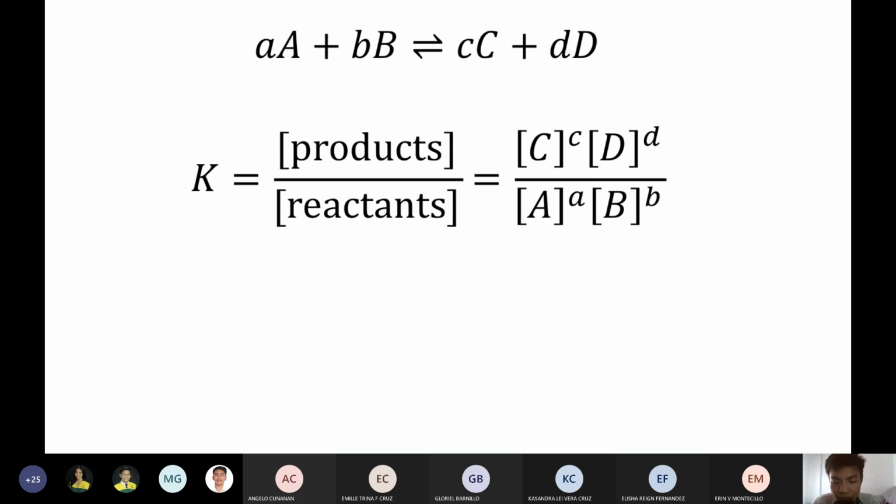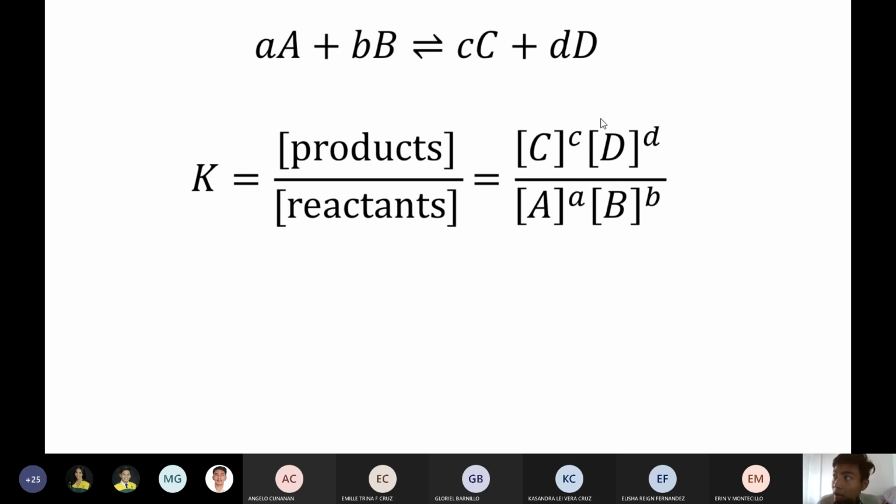We can express the concentration of product as the molar concentration of C raised to its coefficient times the molar concentration of D raised to its coefficient. So again, paano yon? Yung mga product nyo, i-express nyo lang sila into molar concentration. When you say molar concentration, square brackets yan. Okay. So yan, square bracket yan.